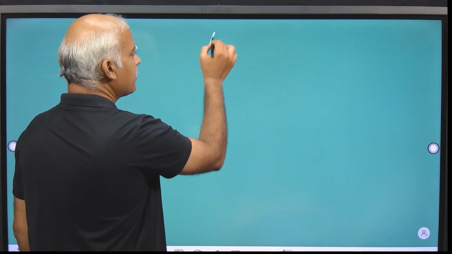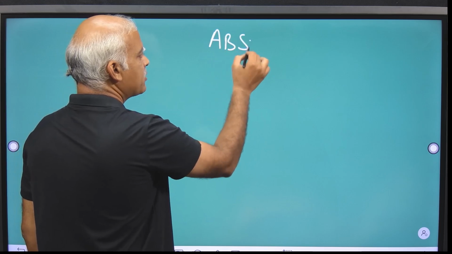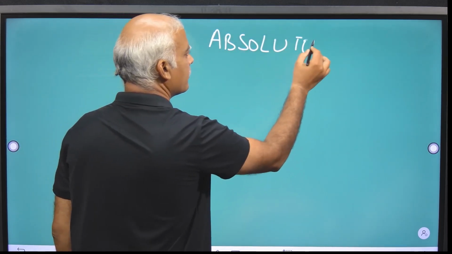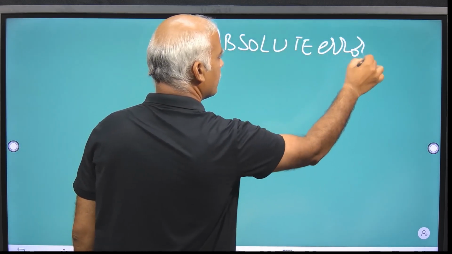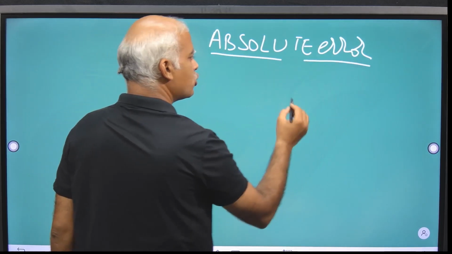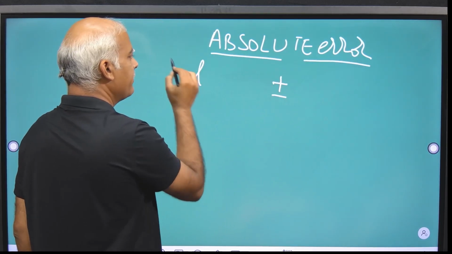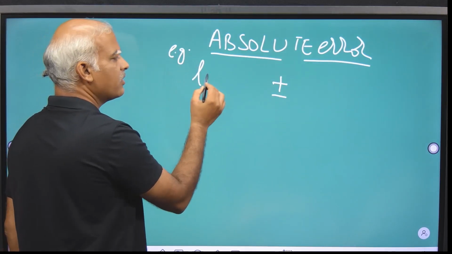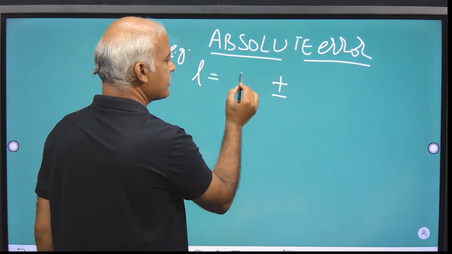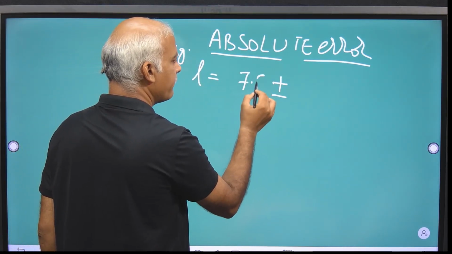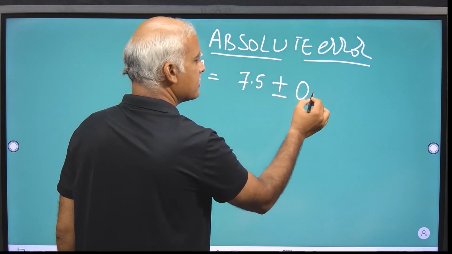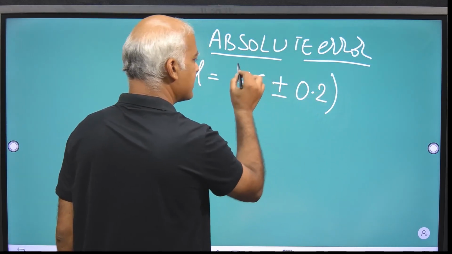If I'm saying that there is an absolute error, then the absolute error is usually denoted by, say, I'm having a length measurement and length is given by, say, 7.5 plus minus 0.2. What does it mean?